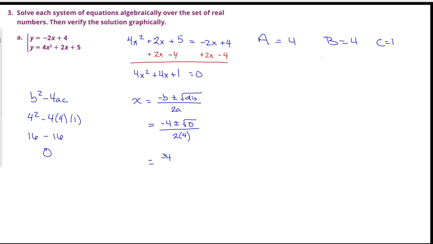It doesn't matter whether I add or subtract 0. It doesn't change the number, so I do not need to write that. All divided by 8. And so I have negative 1/2 as my x.